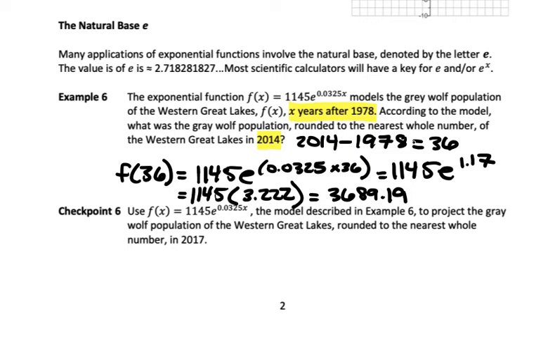And again, the last thing that I want to check is my rounding. It's telling me to round to the nearest whole number, which makes sense because you can't have a fractional part of a wolf. So rounding to the nearest whole number here would be 3,689. And again, if you just type this all into your calculator like this, then that's the easiest way to get this answer right away. So next you should look at checkpoint problem number 6. Do this in your notes, check your answer, and then move on to the homework.